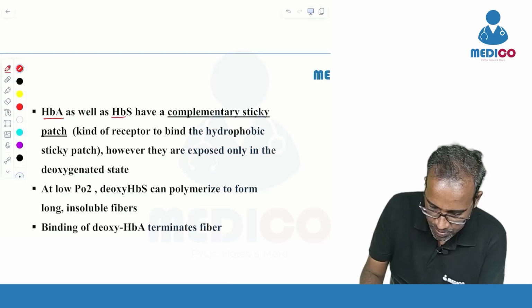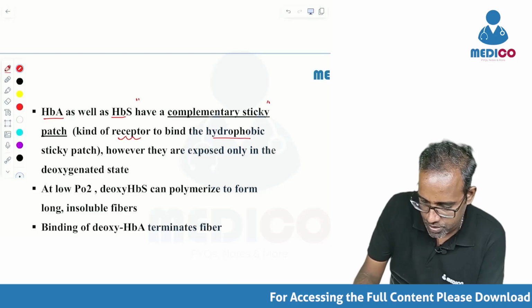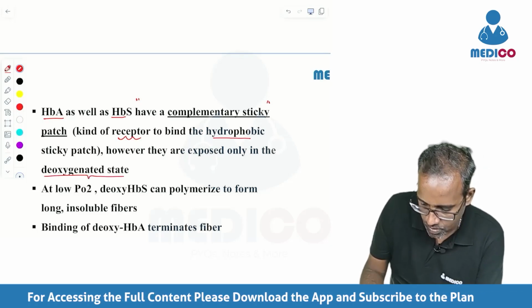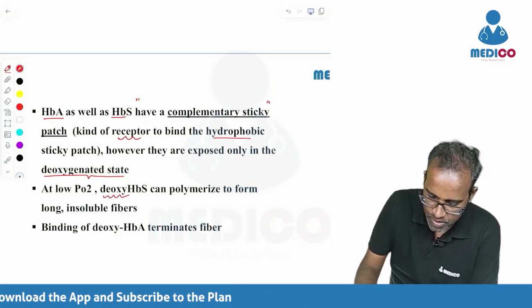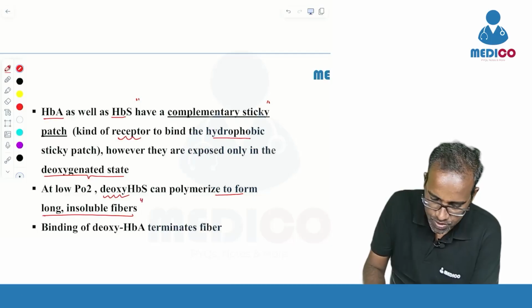Both HbA as well as HbS have a complementary sticky patch, kind of a receptor to bind the hydrophobic sticky patch. However, they're exposed only in the deoxygenated state. So at low partial pressure of oxygen, deoxyhemoglobin S can polymerize together to form long insoluble fibers.